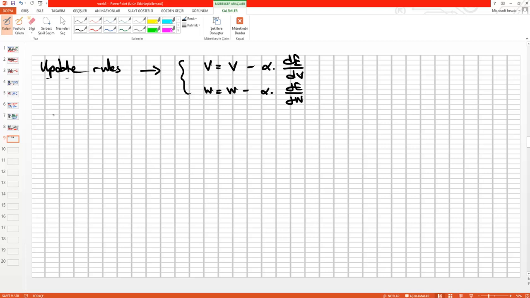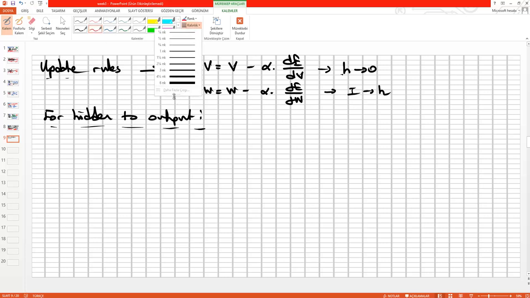Okay? So there are two rules in here. Hidden to output should be calculated here, because hidden to output is given from this one, and this is what the input to hidden is. This is why we need to propagate this error in a backward way. And how can we do that?